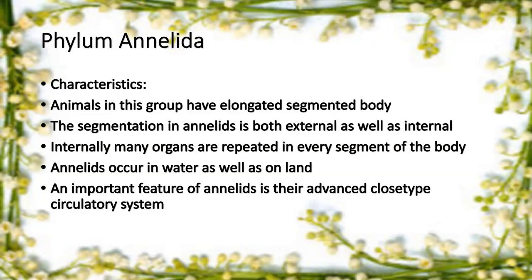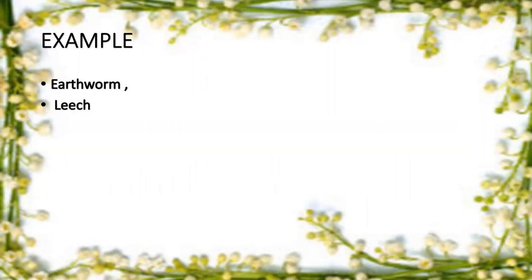Respiration occurs through their general body surface, and they have a complete circulatory system. And each segment has a pumping organ which works like a heart. Examples are earthworm and the leech.